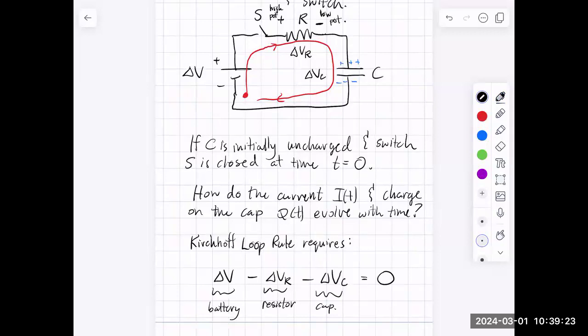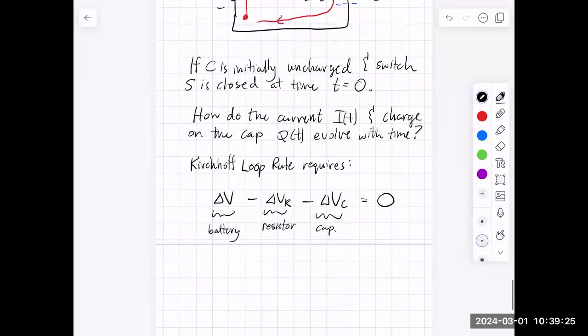Okay, fair enough. Now, what we know about our resistor is that we have this relationship between voltage, current, and resistance.